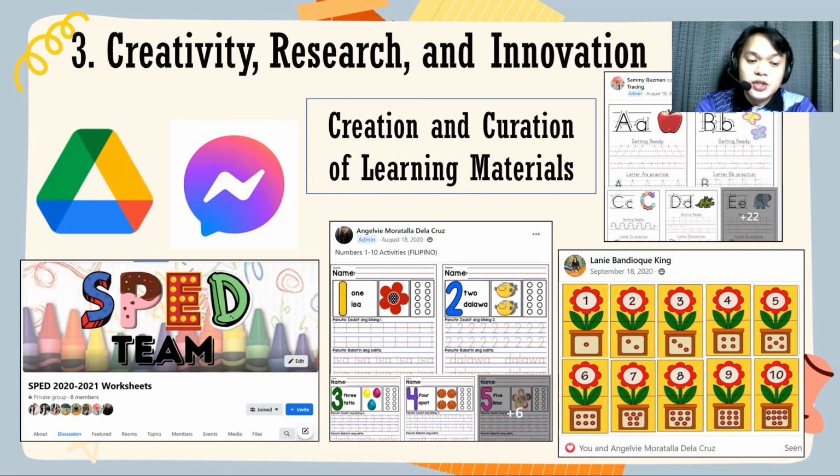In special education, we have worksheets and learning materials bank in a form of FB page group, Google Drive, and Messenger. We are sharing the good materials that we had originally made or searched in the internet.